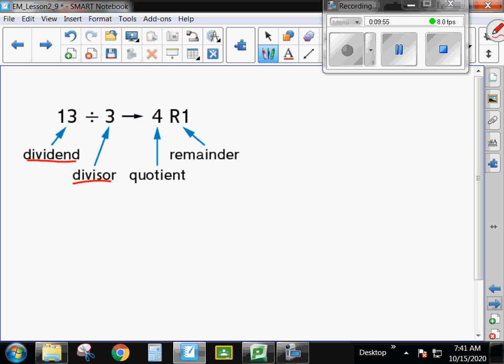Now, I'm not really going to expect you to remember those all the time, to be honest with you, but I do expect you to understand the names of these parts. My answer is called my quotient. The answer to a division problem is called the quotient. Remember, the answer to an addition problem is called the sum. Let's have a little review here. The answer to a subtraction problem is called the difference.